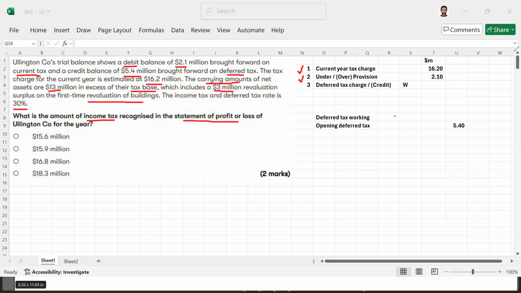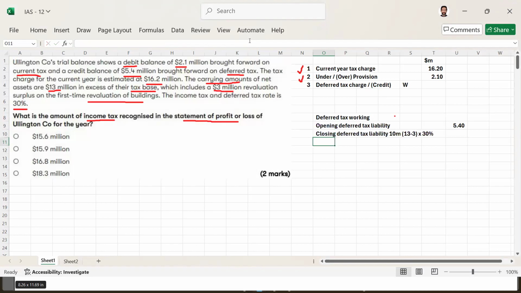Okay, so let's do this thing. This is the opening deferred tax liability, and now we're going to find the closing. The closing deferred tax liability is 10 million, which is 13 minus 3, multiplied by 30%.